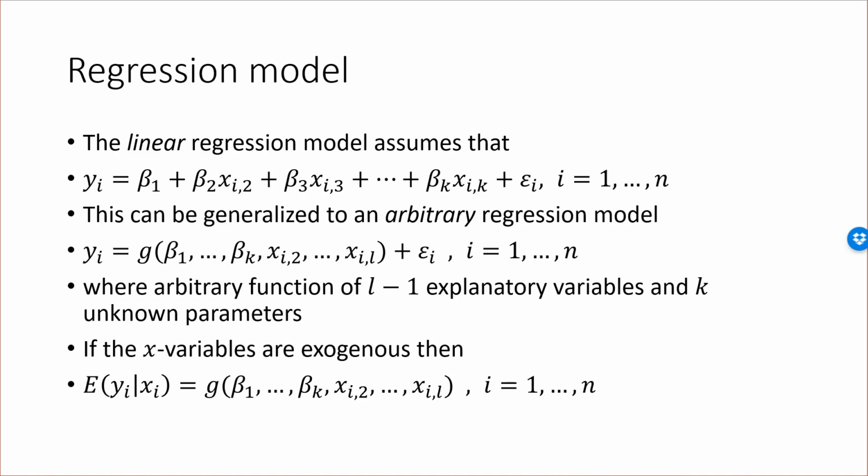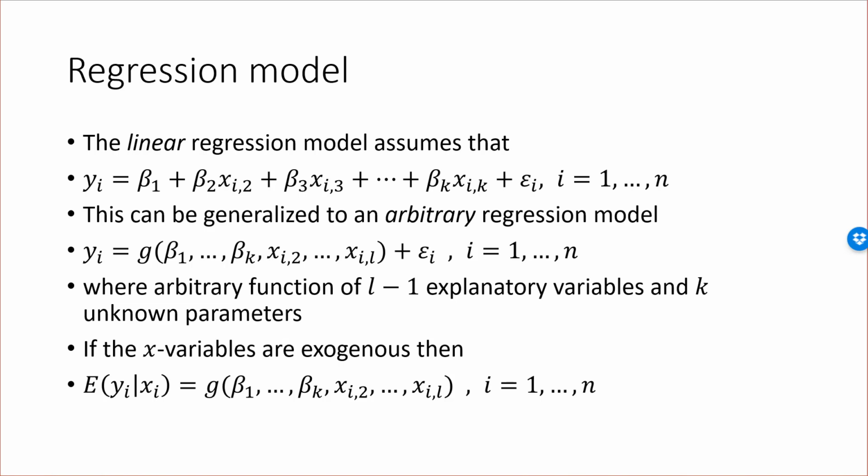The parameters are always non-random, and conditionally on x, the x's are non-random as well. And if the explanatory variables are exogenous, then the expected value of the error term is 0. So that's the way to understand this g function, or this blob, the way we talked about it before. It does tell us the conditional expectation of y given the x data. And we have now relaxed the assumption that this function must be linear.